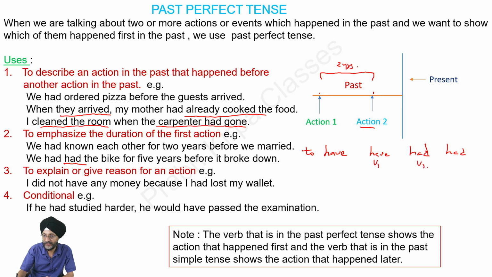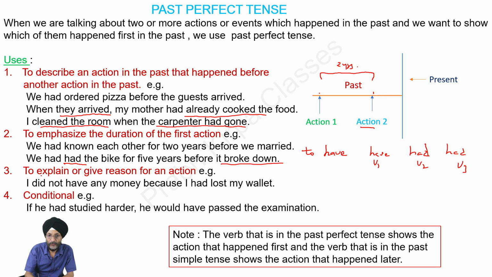This is the first form, this is the second form, this is the third form. So we have to use the third form of the verb to have and it becomes: we had the bike for 5 years before it broke down. The second action is it broke down. It has to be in the past simple tense.